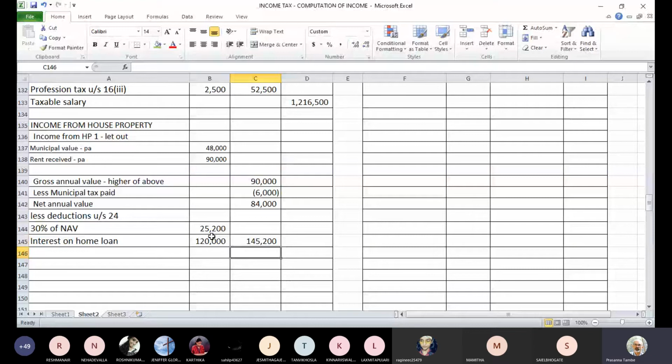This is the total deduction. So it is turning out to be a loss. Income from HP1 is going to be a loss. The negative income is 84,000 minus 1,45,200, so 61,200 is the amount of loss.